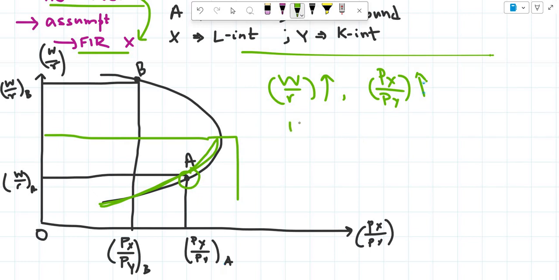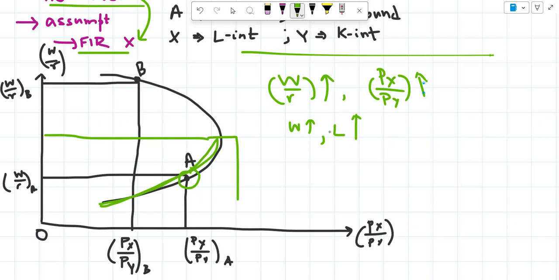If W is increasing, if the laborers are demanding more wage, it means labor is being used more. And here Px is rising. There's a correlation between W increasing and Px increasing. W increasing means L is also increasing.